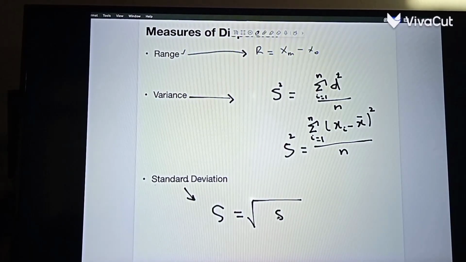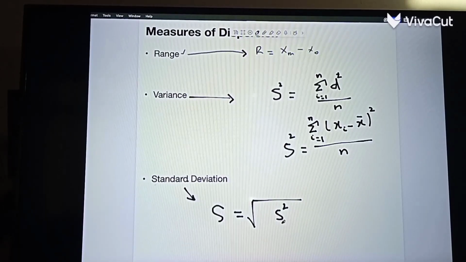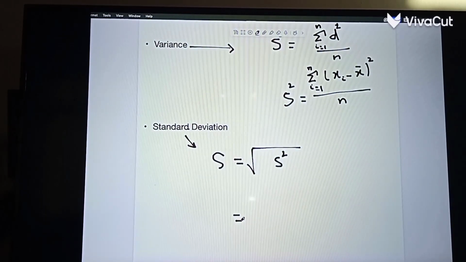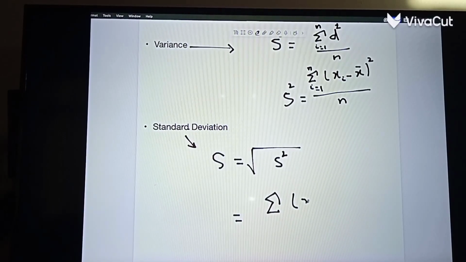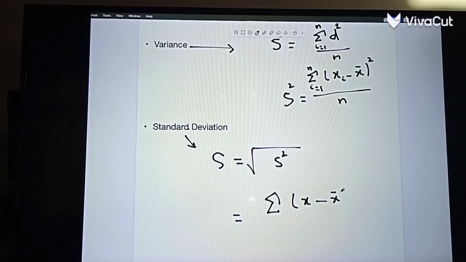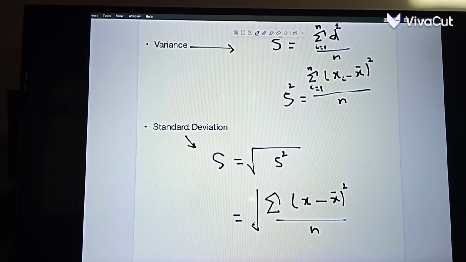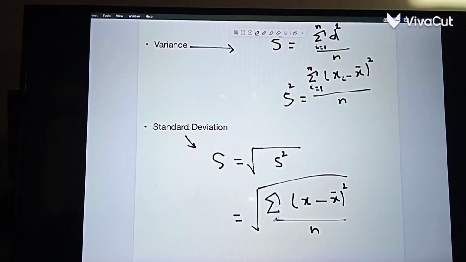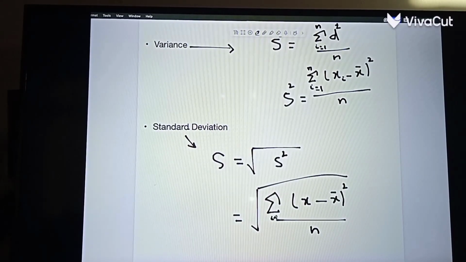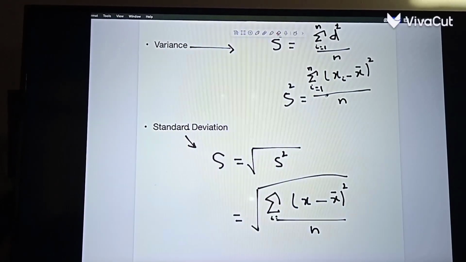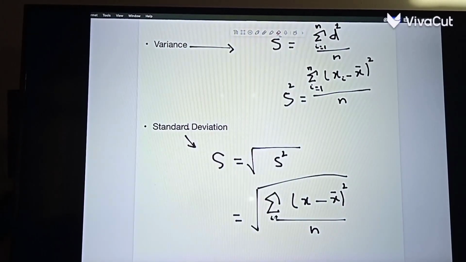That is, just take the square root of s square, or you can write it like this: summation x minus x bar whole square divided by n, whole square root, where i runs from 1 to n.